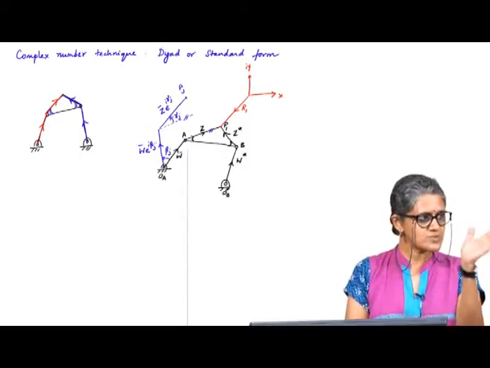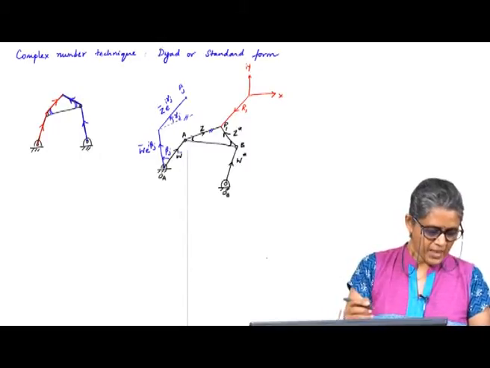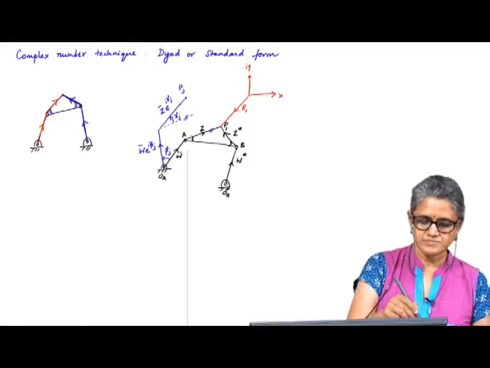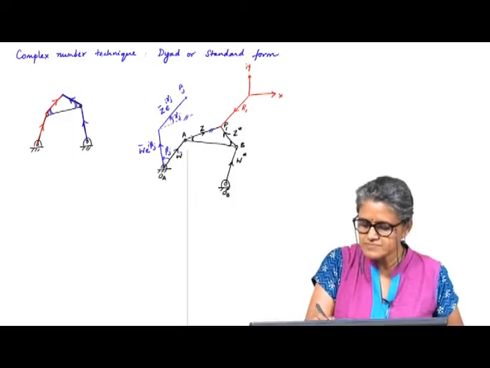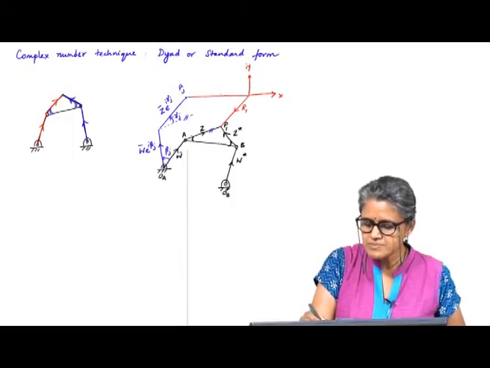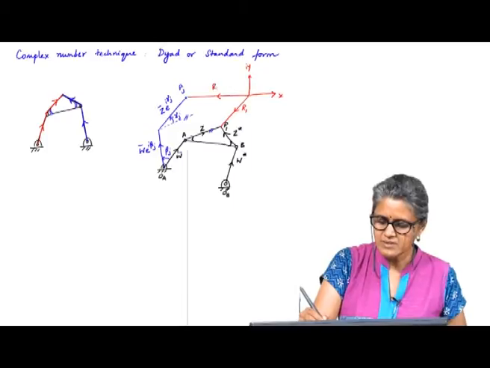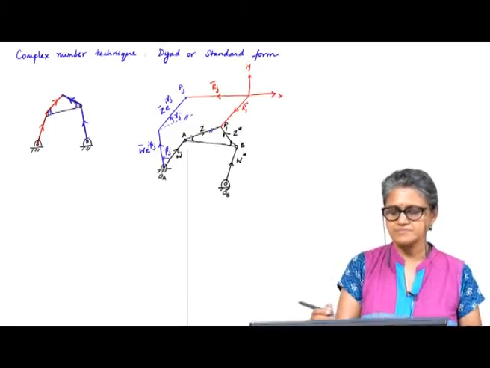I have W which has moved to this, and this here is my vector R j. Okay.